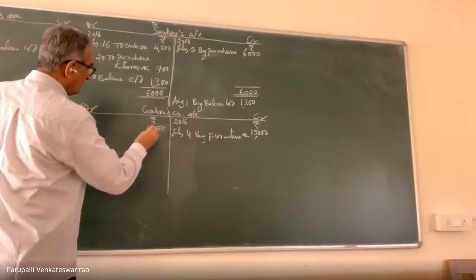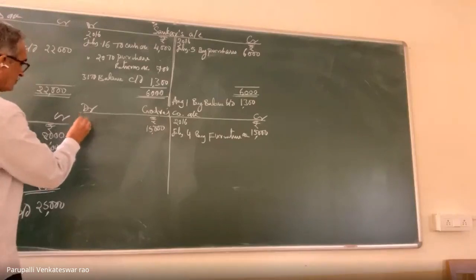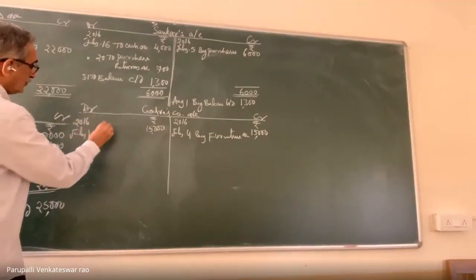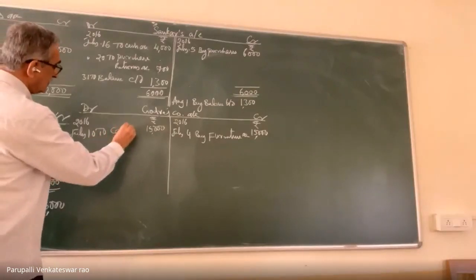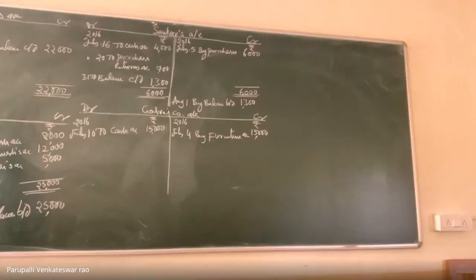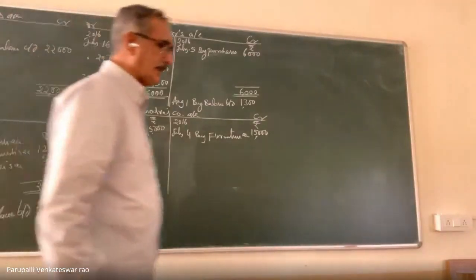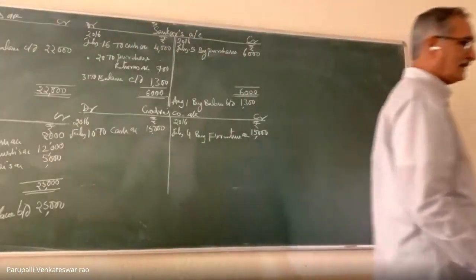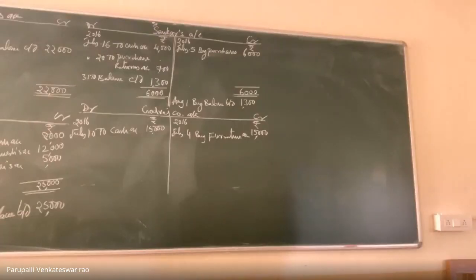It happened on 2016 July 10th, to cash account, 15,000. Is the word Godrej company referred to anywhere else in the problem? No, sir. So it was a one-time purchase and the amount is paid.